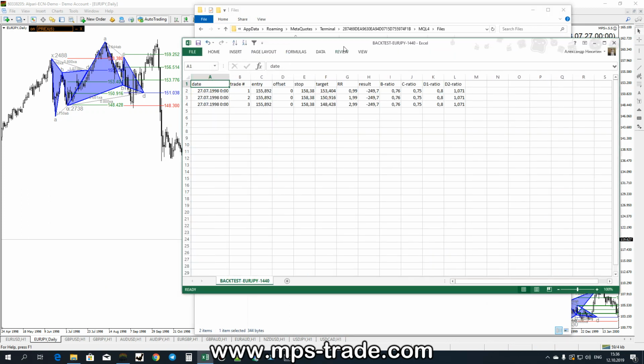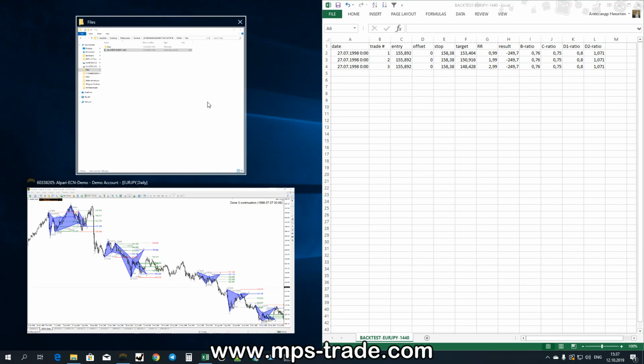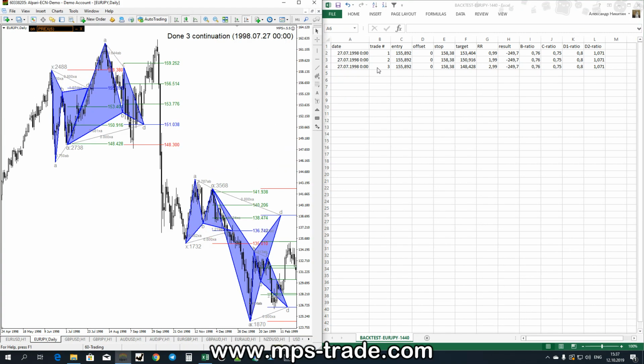We can find it: trade of 27 July 1998. The entry is 155.892. Stop loss 158.38.